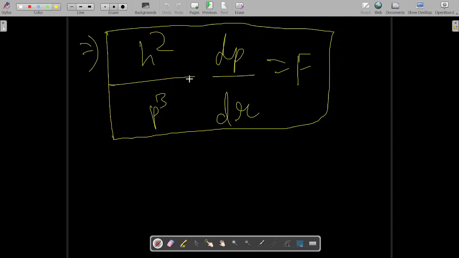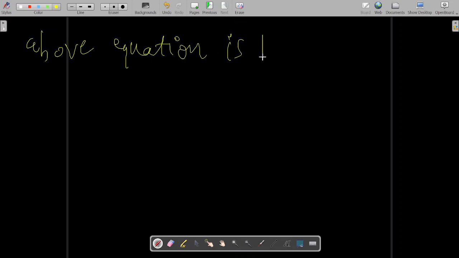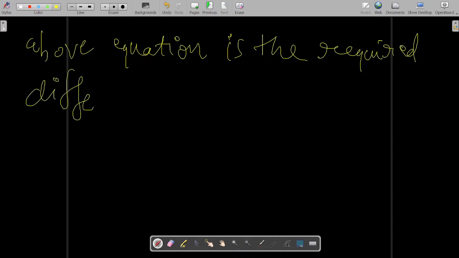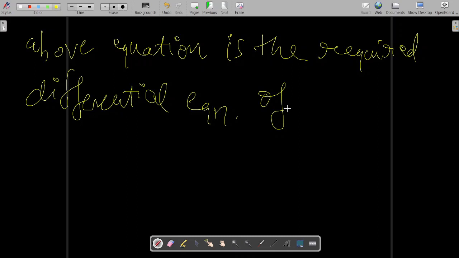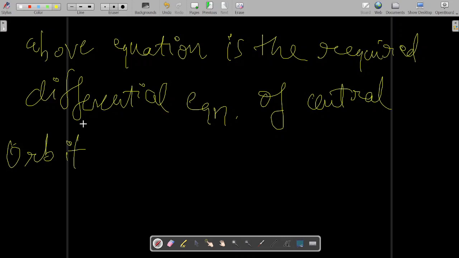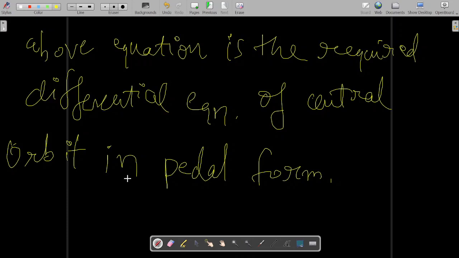Now write over here, above equation is the required differential equation of central orbit in pedal form.